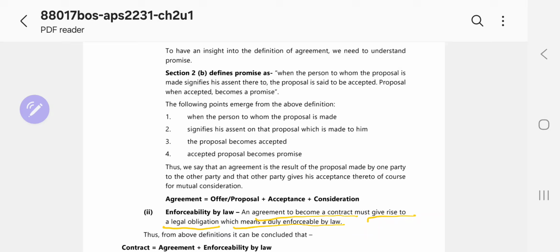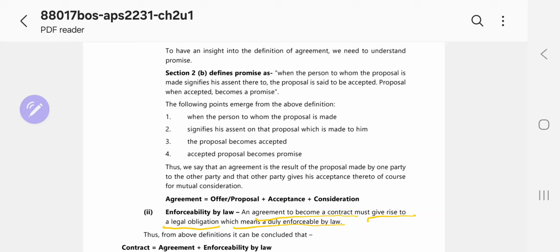So to avoid that risk, both the parties enter into a contract, means enter into a legal obligation or give their agreement a legal bite.